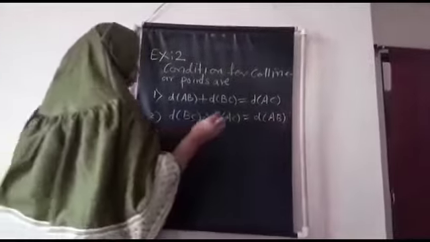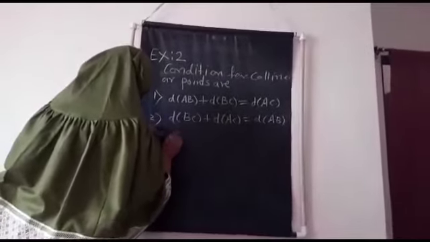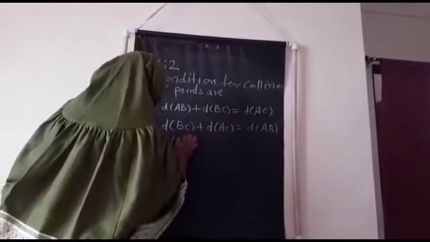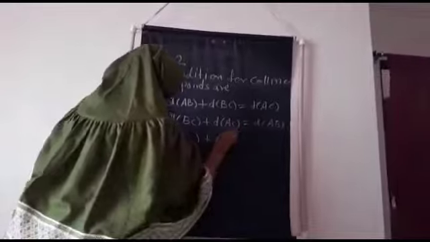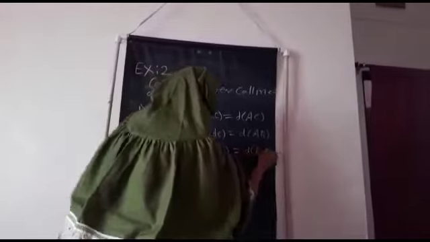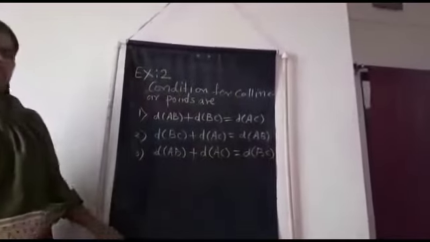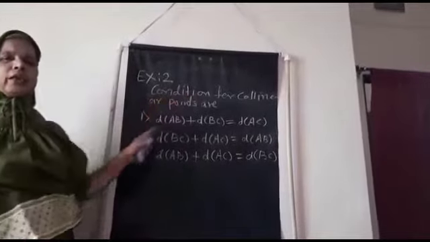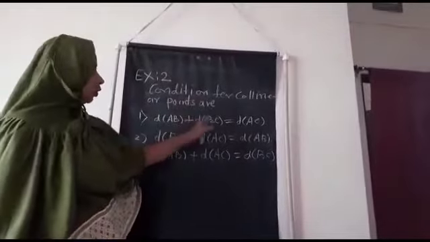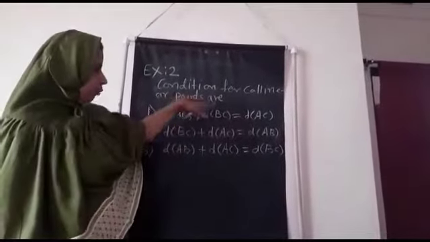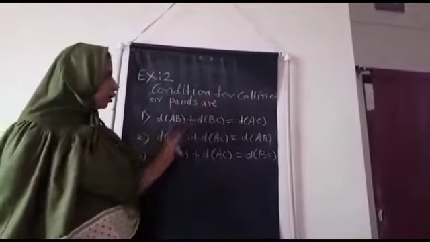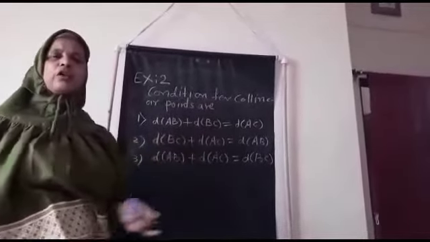Third condition, distance AB plus distance AC is equal to distance BC. So if the 3 points and their respective coordinates are given, then we have to check. We calculate the 3 distances and check whether any one of these 3 conditions is satisfied or not. If one of the 3 conditions is satisfied, the given 3 points are collinear points.